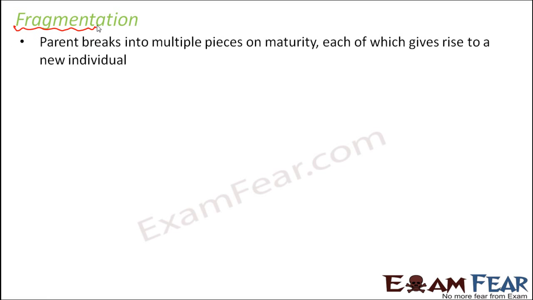Let us look at the next one, that is fragmentation. The word fragmentation is derived from fragment. It means that the parent is going to get divided into fragments or pieces. Here the parent breaks into multiple pieces on maturity, each of which gives rise to a new individual.